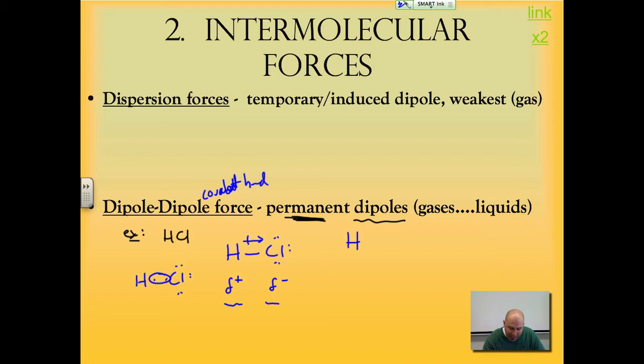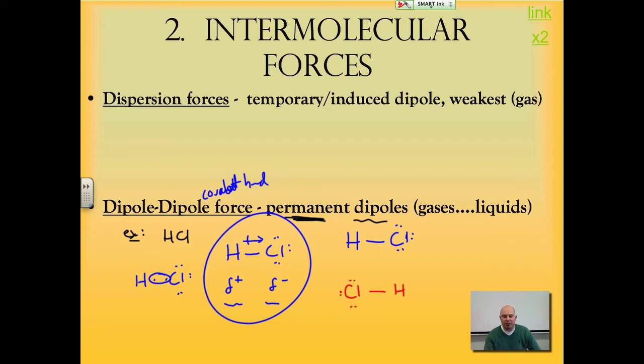So if you have that H with a Cl, oops, I kind of put an extra valence, and we have this partial positive, partial negative, if another HCl is near the first, then you're going to have partial positive, partial negative on this one. And if you look at the red one, it's going to go the opposite way, partial negative, partial positive, which creates these attractive intermolecular forces.